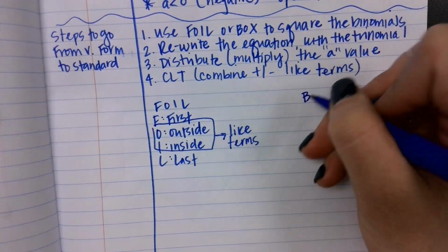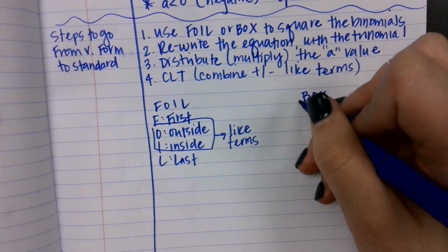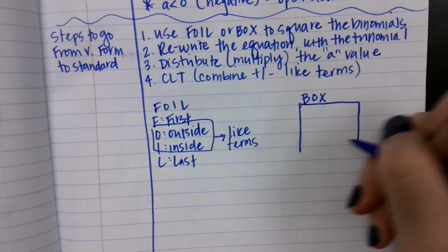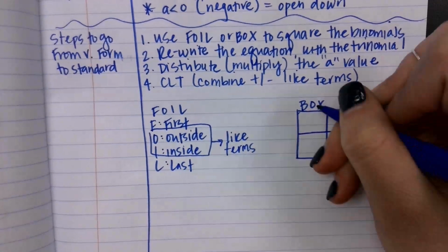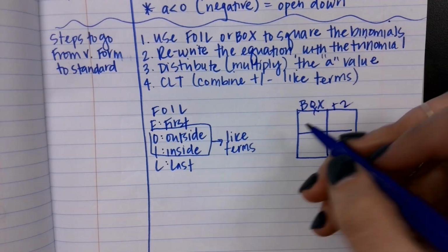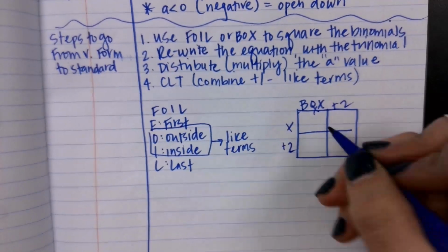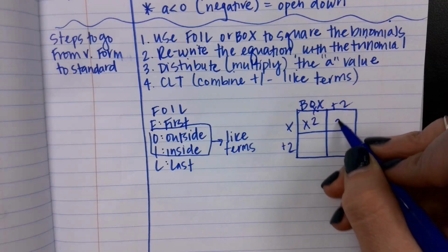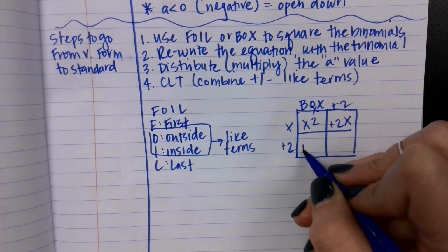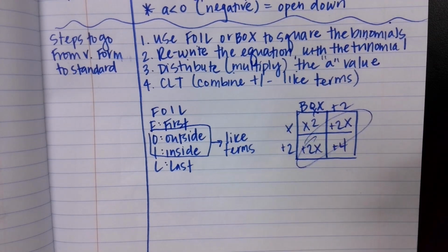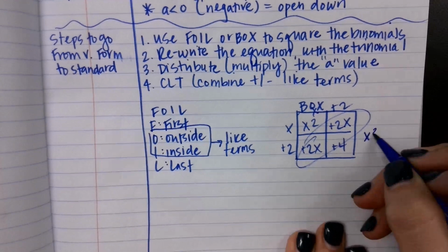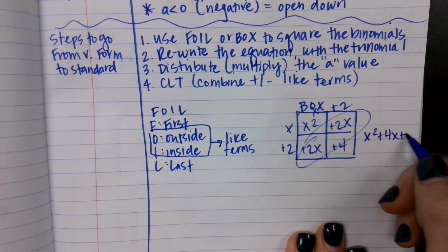Box method, we practiced today in class. Is like x plus 2, you multiply to get each of your box terms, and you combine your diagonals, which would give you x squared plus 4x plus 4.